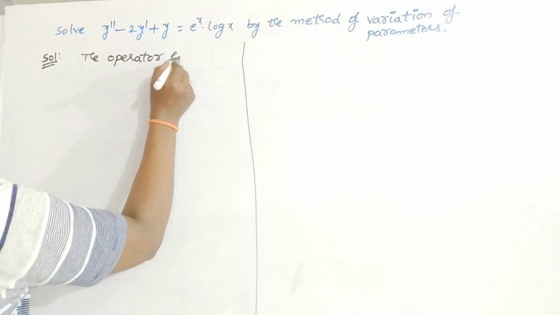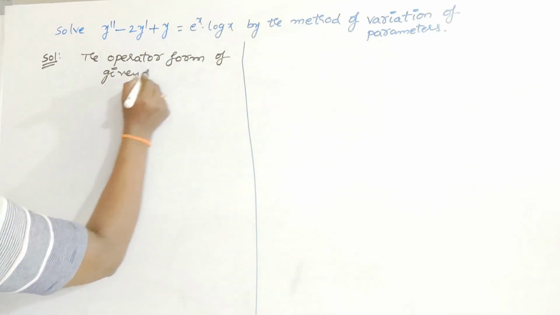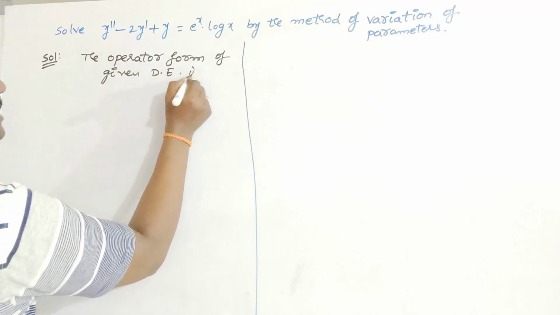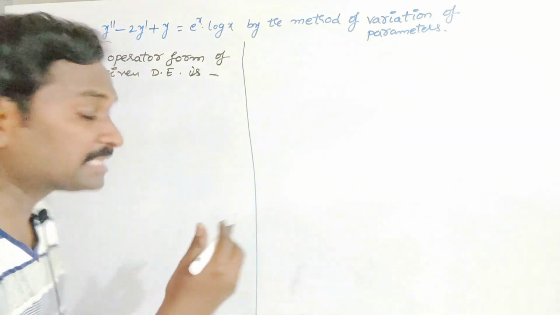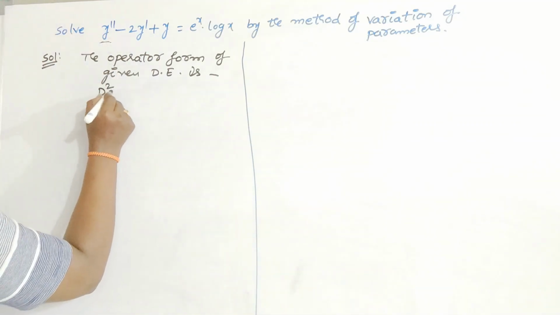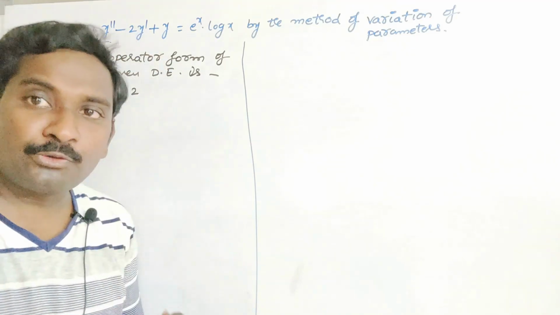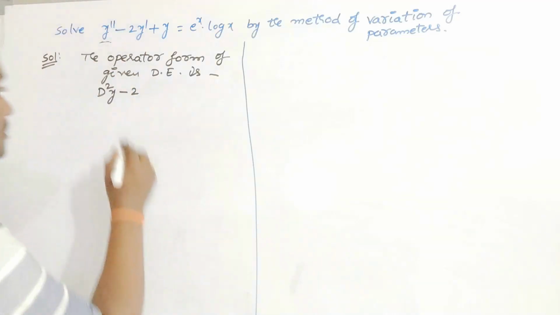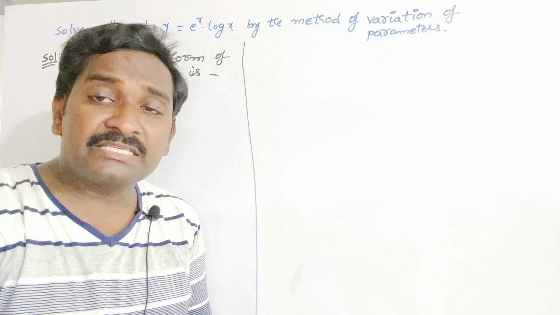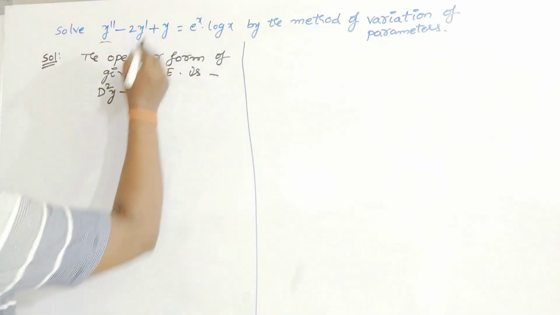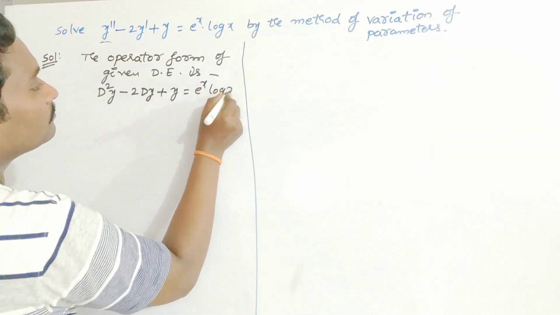The operator form of the given differential equation is: y double dash is nothing but the second derivative of y, so I will write it as d square y minus 2 into y dash, the derivative of y with respect to x, so I will write dy, because in this concept capital D is nothing but d by dx, plus y is equal to e power x into log x.